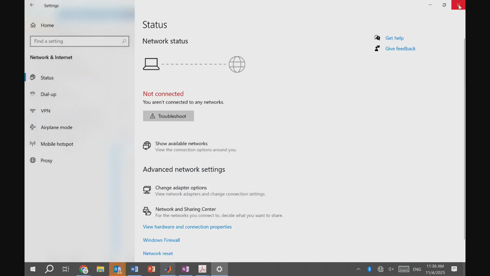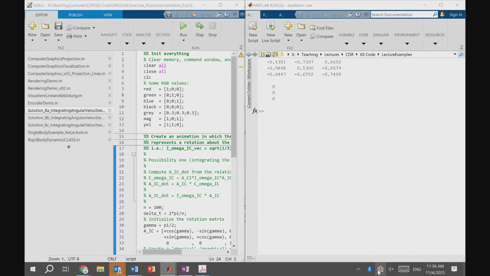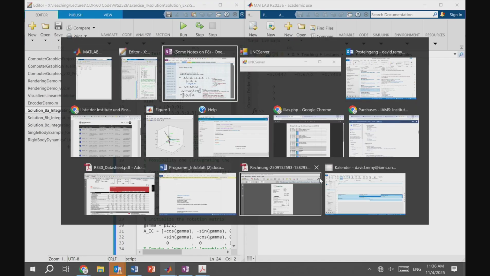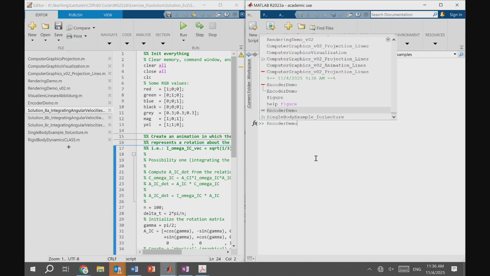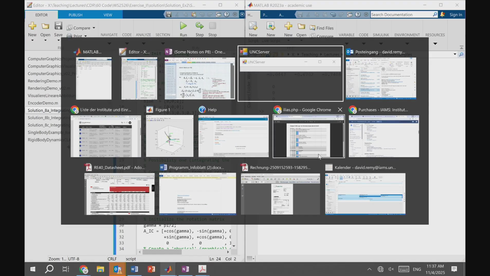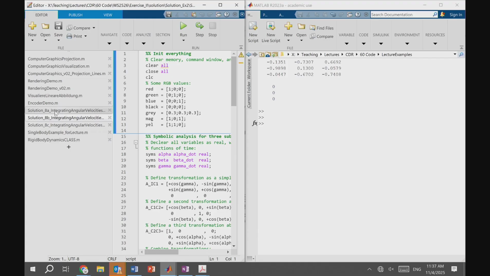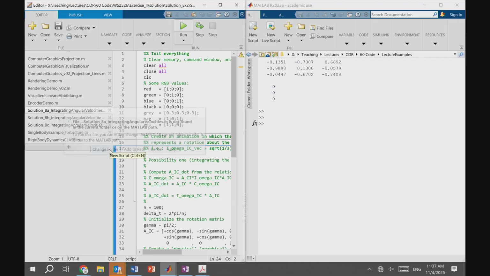Sorry, in trying to fix this, I broke that, and so I don't have internet, and I need internet to access MATLAB, because these files are on the network drive, and I cannot access the network drive.